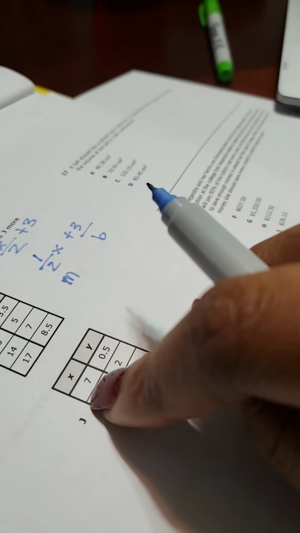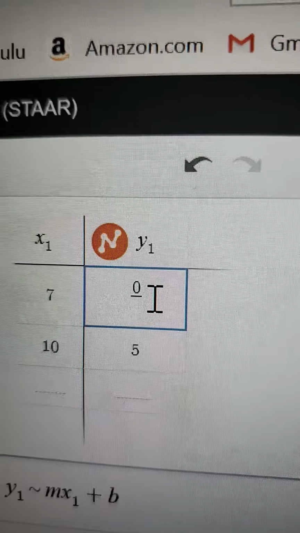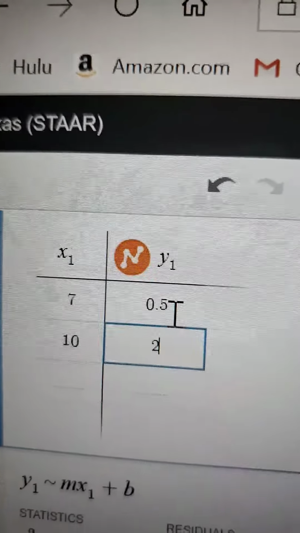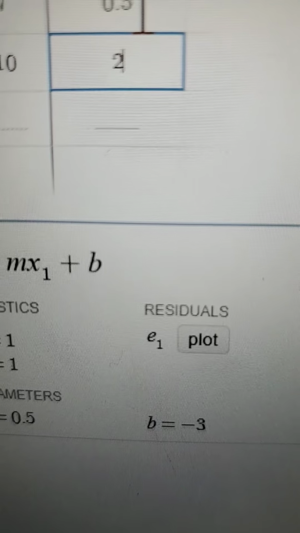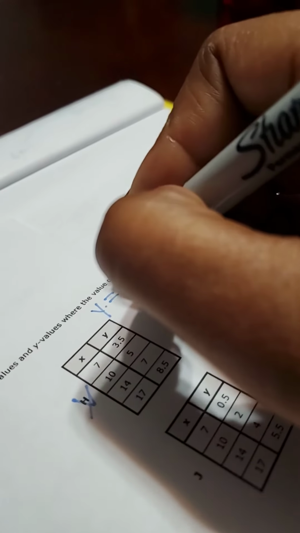Try J, where 7 is 0.5 and 10 is 2. My y-intercept is -3. Can't be right because my original equation said 3 more, not 3 less. So my only answer choice is G.